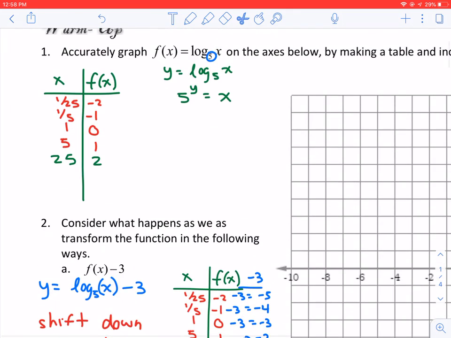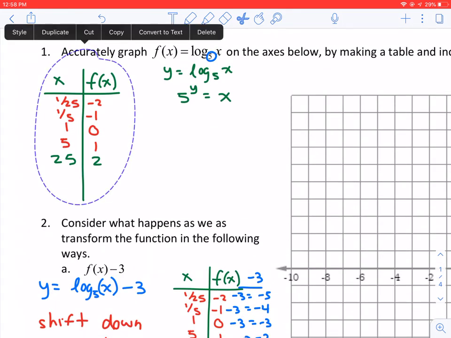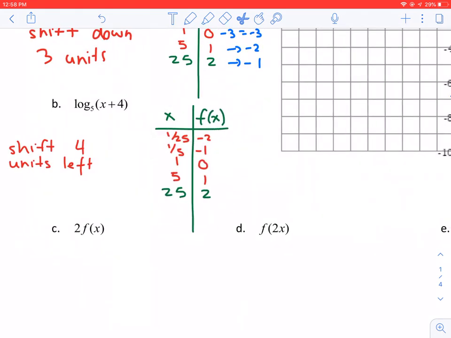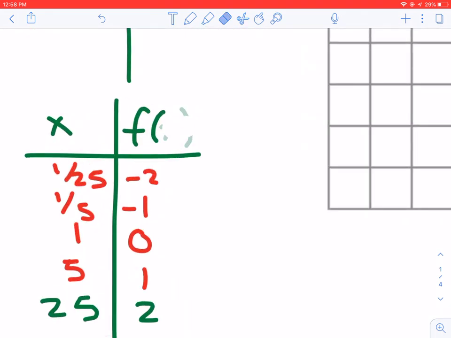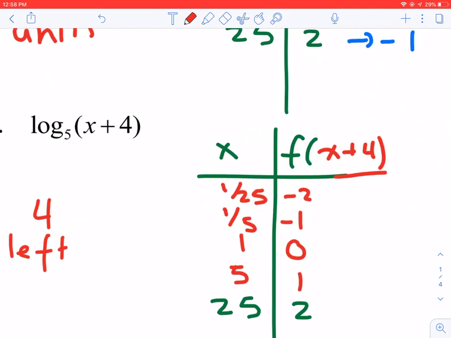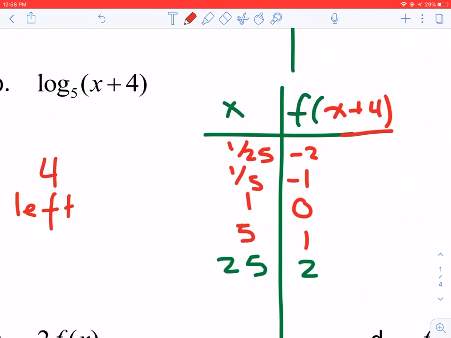I gotta copy and paste this table again. So let's see why that is. This is f of x plus 4. So, let's see what's happening.